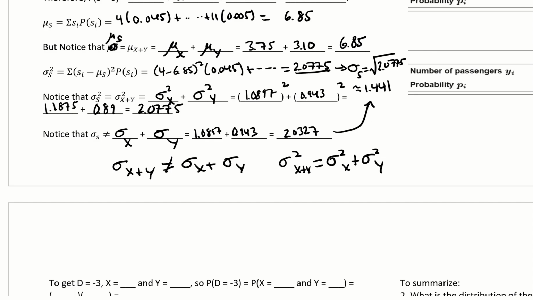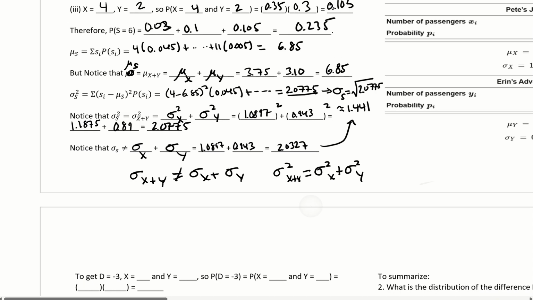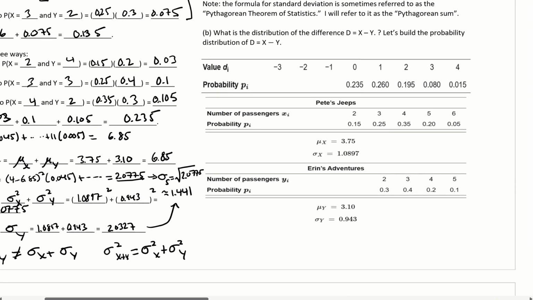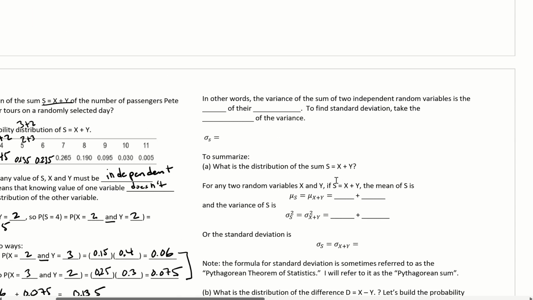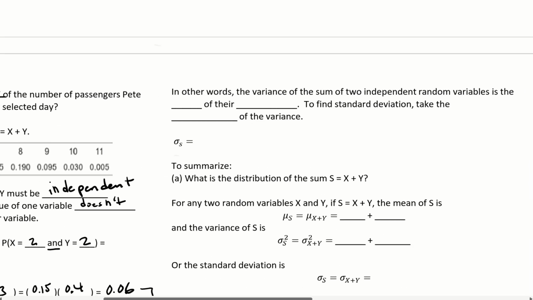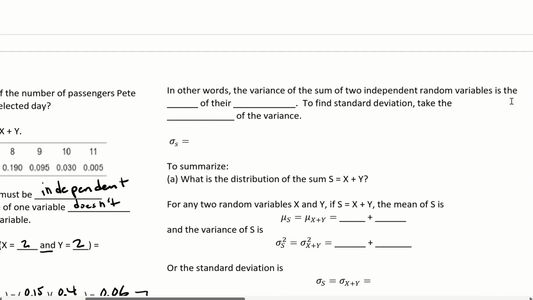All right, so that's important to understand. It's really important to understand. Okay, so in other words, the variance of the two independent random variables is simply the sum of their variances. To find the standard deviation, you have to take the square root of the variance.